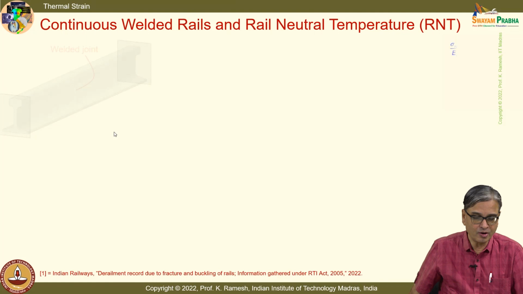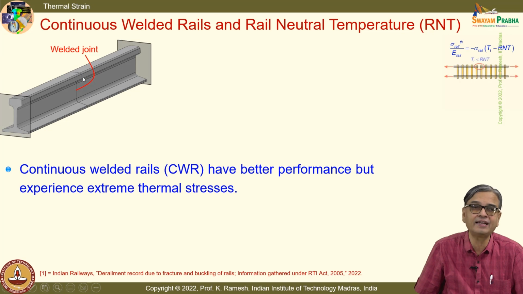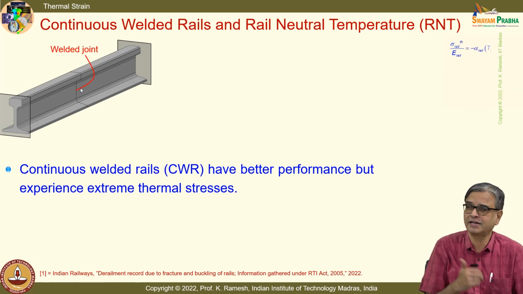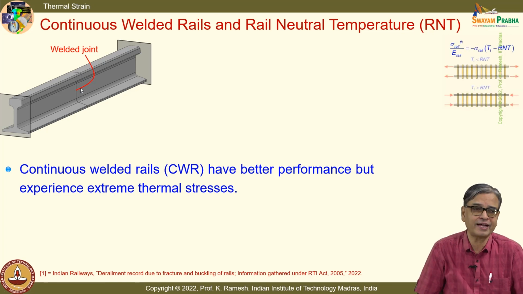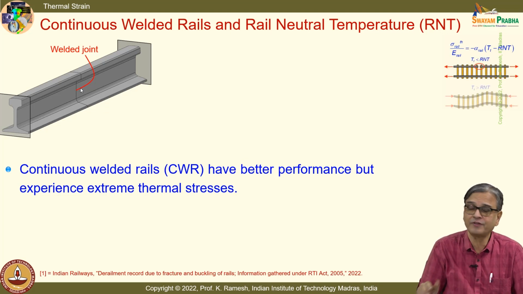Okay. See, the modern rail network is different. You don't have a gap, you have that as welded. The reason is it improves your riding comfort, and we have also seen that people are going to have forged wheels, and even the life of the wheels can be improved if I don't have gaps there.